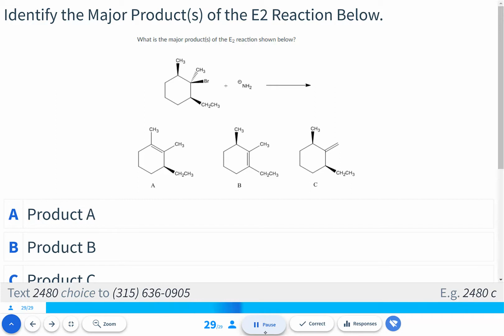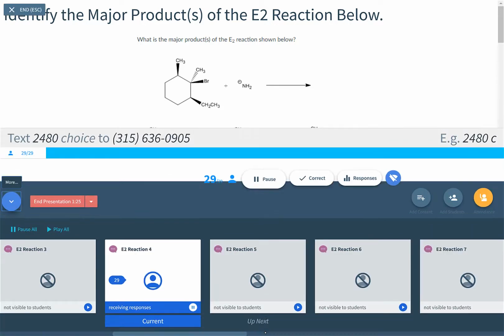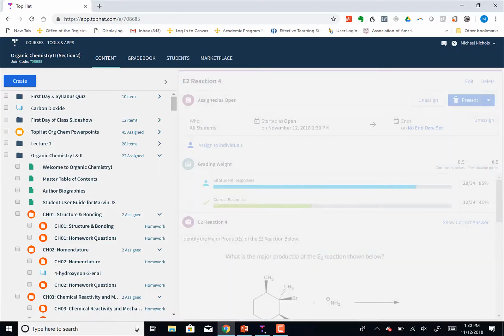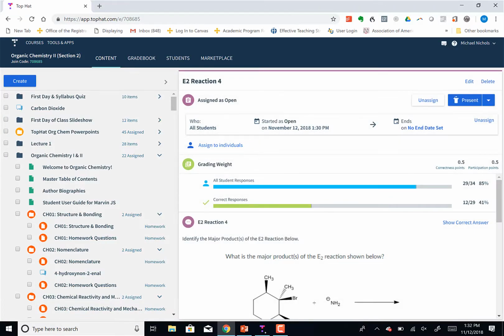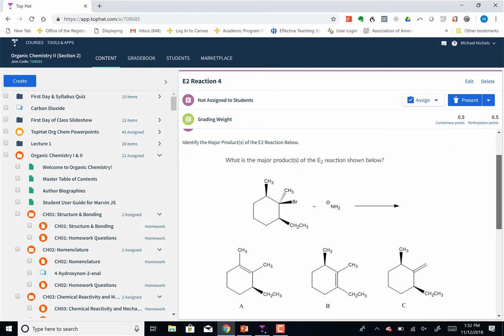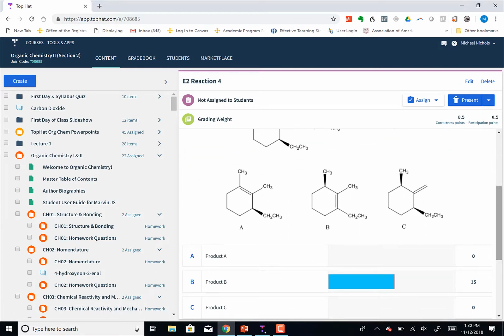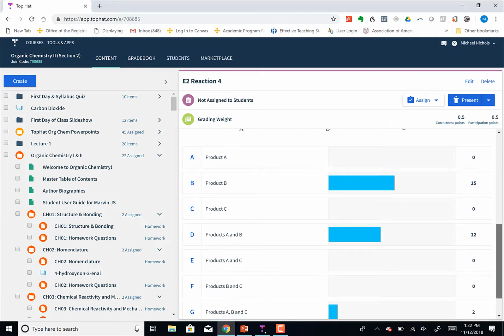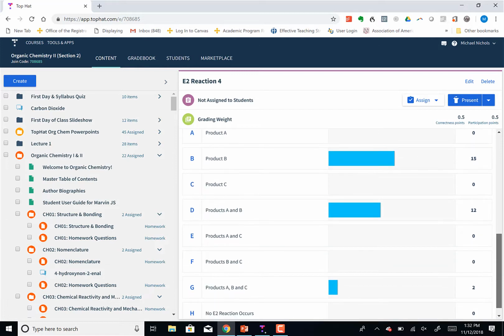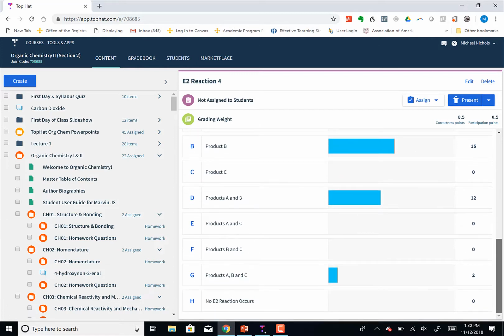Okay. Everybody changed that wants to change? All right, let's see what it looks like. All right, so we got 15 B's, 12 A and B, and 2 A, B, and C.